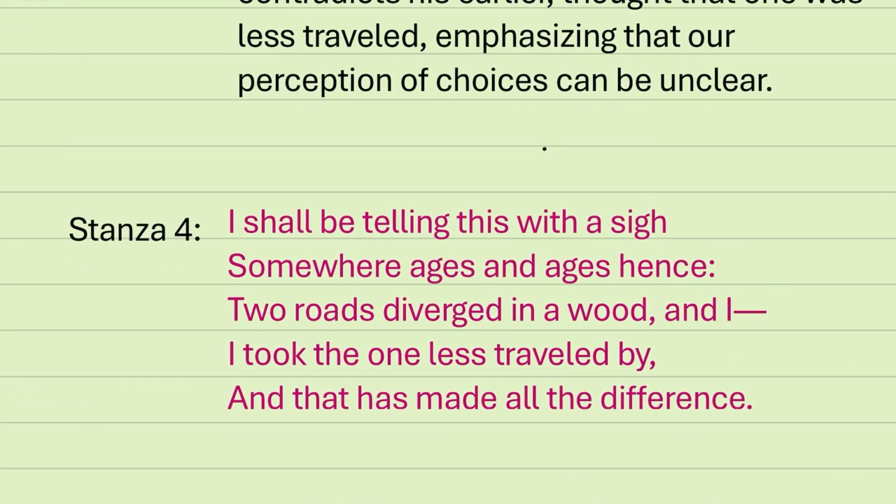Stanza 4, the last stanza of the poem, says: I shall be telling this with a sigh somewhere ages and ages hence, two roads diverged in a wood, and I took the one less traveled by, and that has made all the difference.